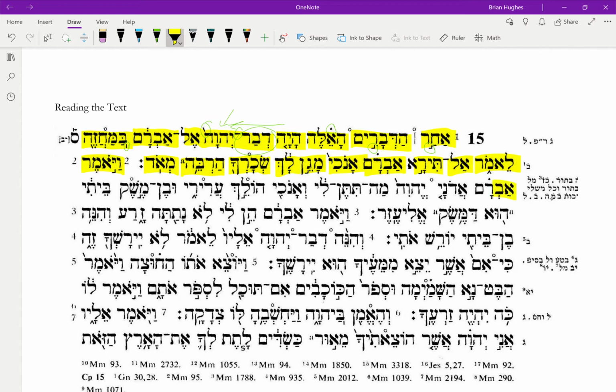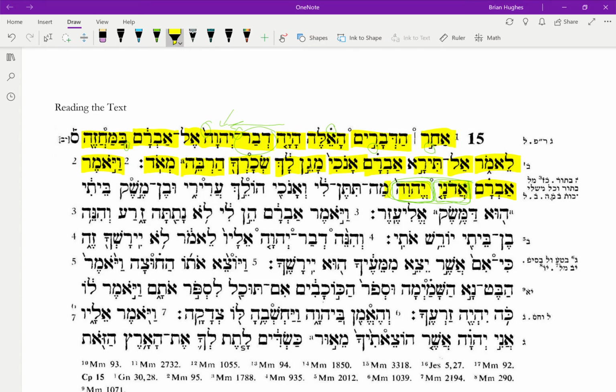Vayomer Avram. These next two words are a little tricky because here we have the divine name, and normally I would tell you to pronounce it as Adonai, but here we have Adonai followed by it again, and so you could say Adonai, Adonai. In the Jewish tradition, we would substitute Adonai Elohim, so Lord God at that point. So that's how I'm going to read it.